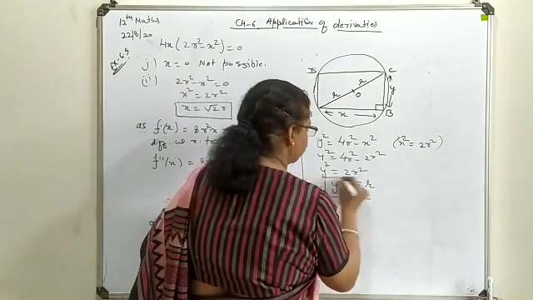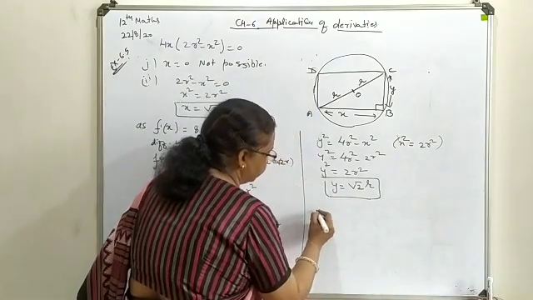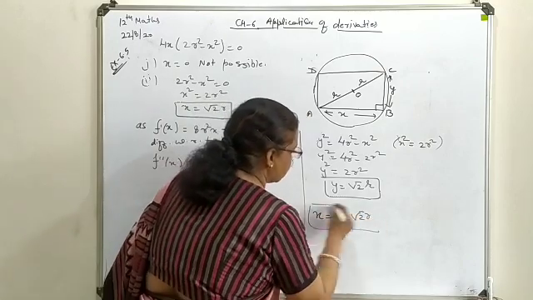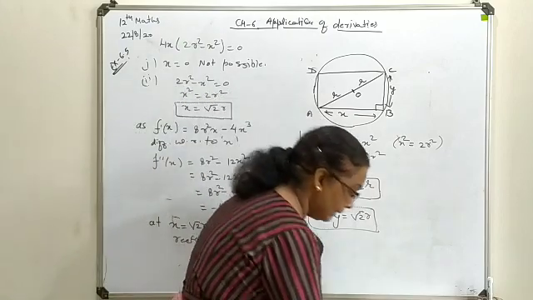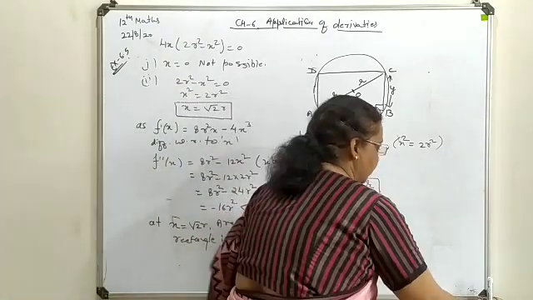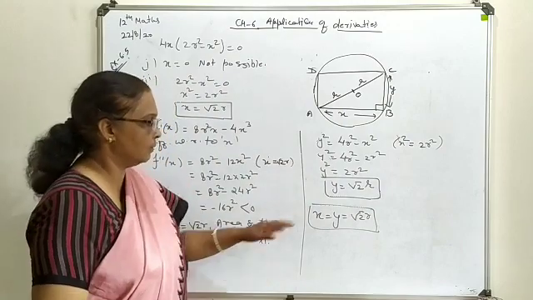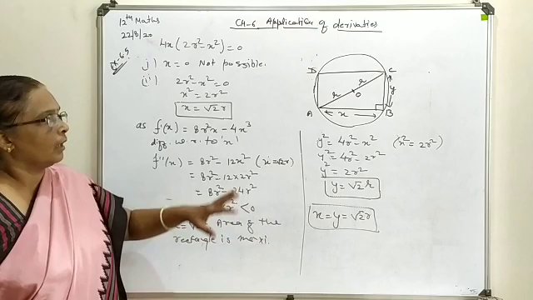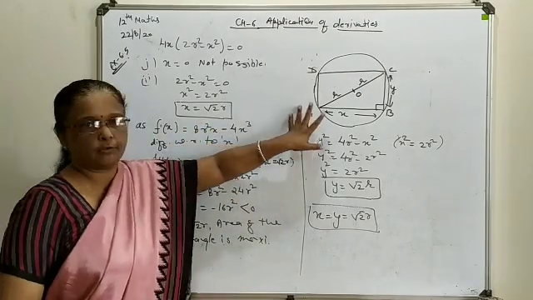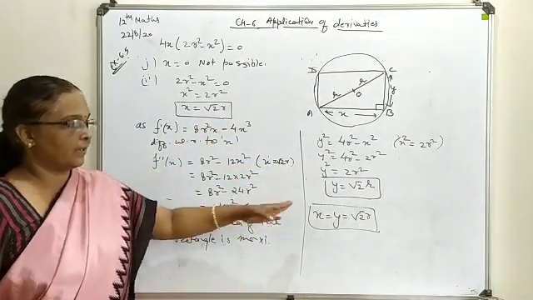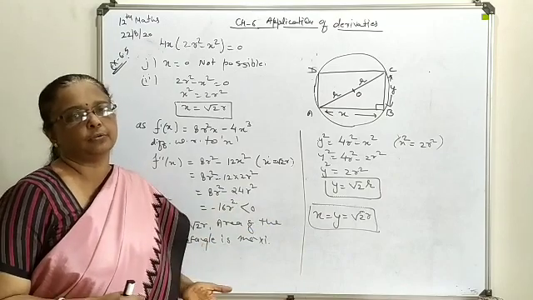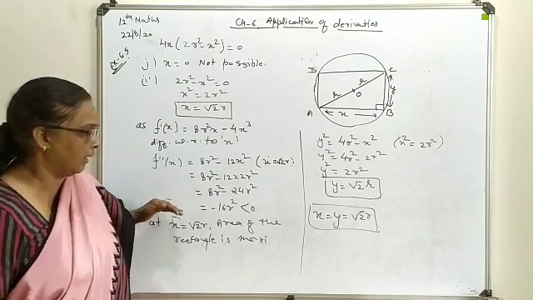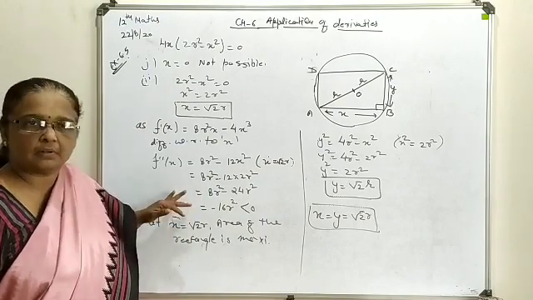That means x is equal to y, as under root 2r. And if these two quantities, means L and B of any rectangular shape, are the same, then you can say that the rectangular shape will turn to a square form, and already we have discussed that it is containing the maximum area.